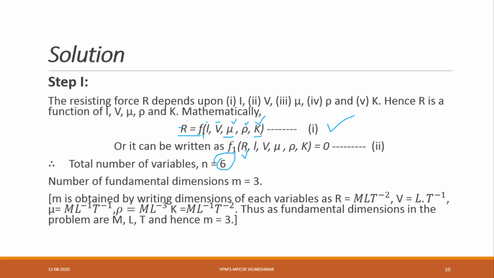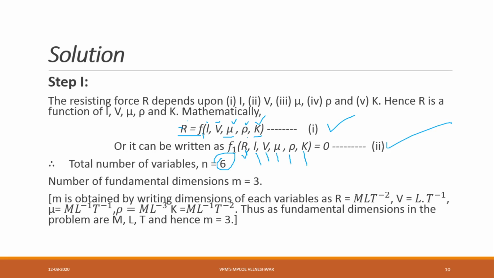So how many variables are there here? 6: 1, 2, 3, 4, 5, 6. Here x1 is R, x2 length, x3 velocity, x4 viscosity, x5 density, x6 bulk modulus, and that is equal to 0. Make it equation number 2. So here the total number of variables n is equal to 6.